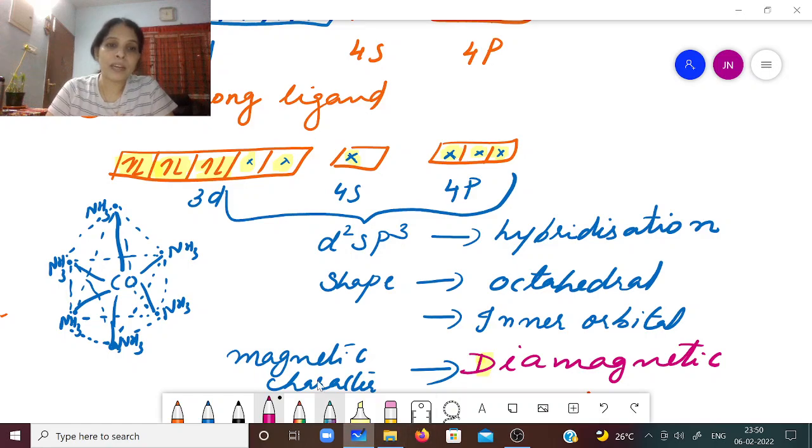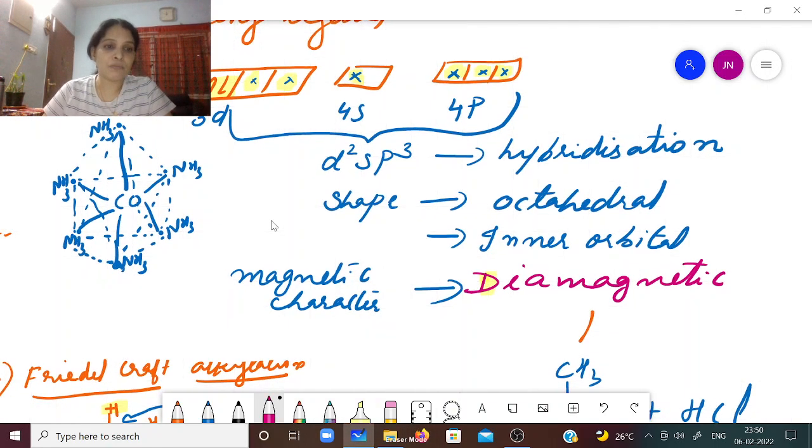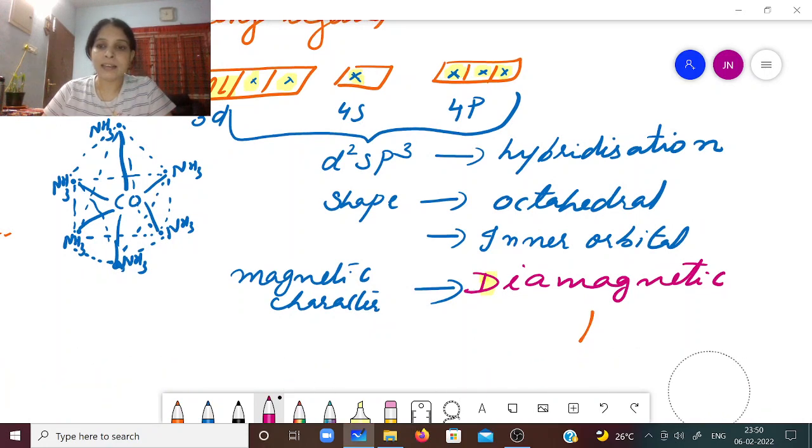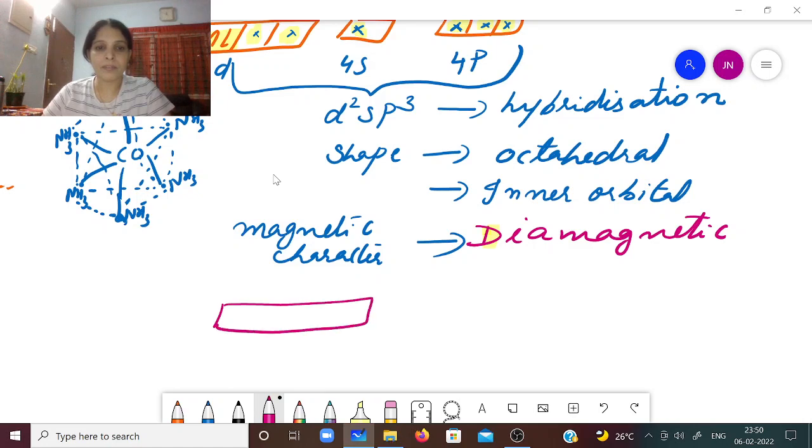Now, a little more in detail, I would like to explain how the complex is formed. That means, here you can see that the orbital configuration is 3d, 4s, and 4p.